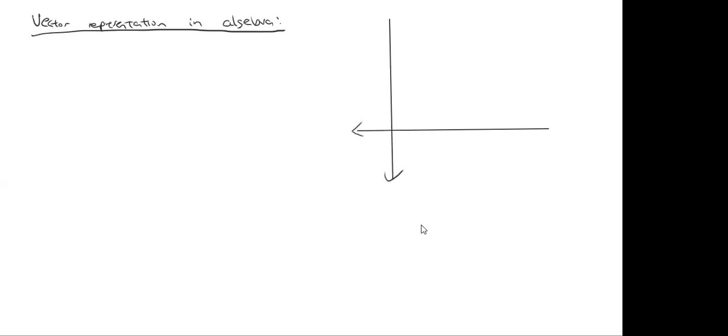So let me imagine I have a point A. And let's just say that this point is (3, 4). And because of all the things we've talked about last week and this week, you recognize that this is O and this is OA.